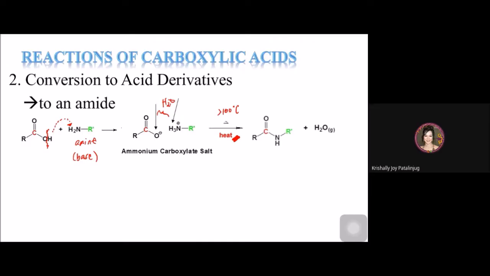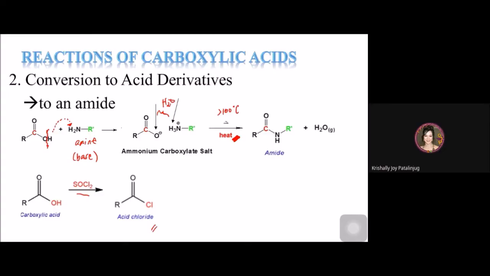Now, an easier way to convert carboxylic acid to its amide derivative can be achieved by first converting the carboxylic acid to its acid chloride form. Recall that to convert a carboxylic acid to its acid chloride, we will be needing thionyl chloride.